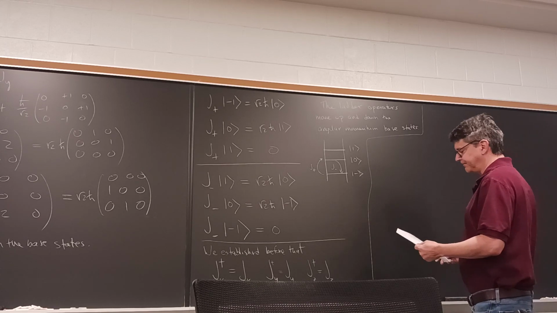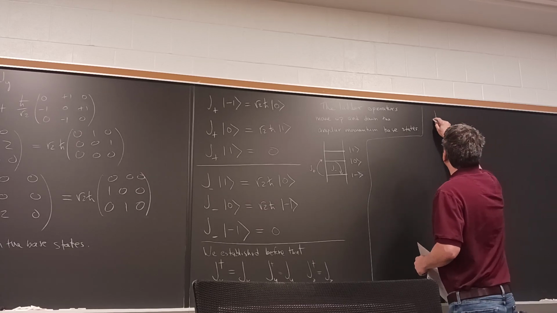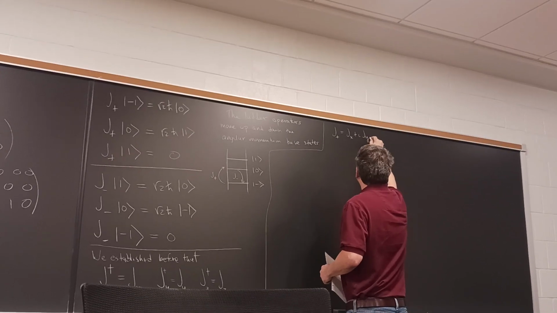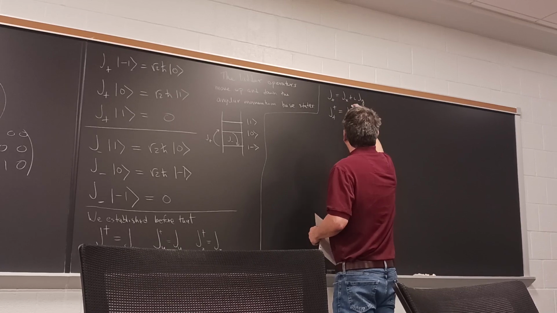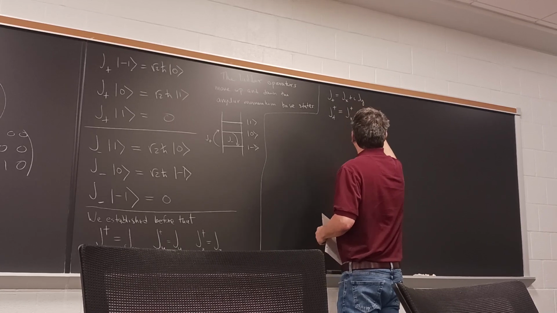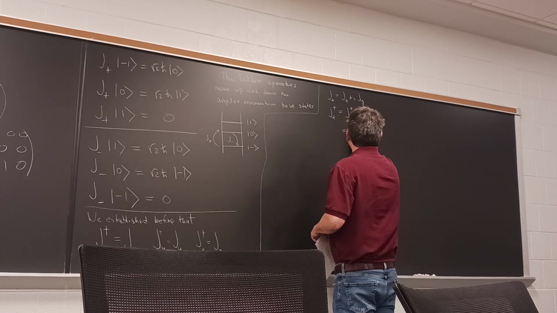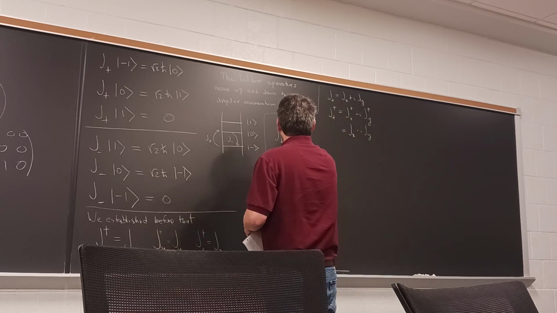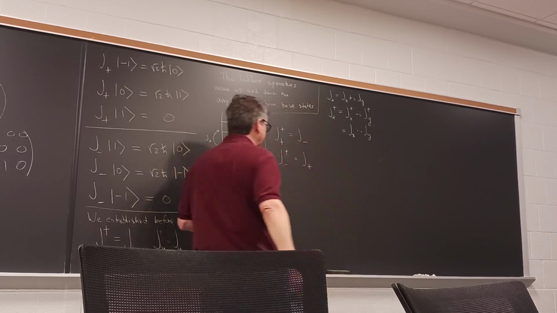So first, let's note that if J plus here is Jx plus i Jy, then J plus dagger equals Jx dagger minus i Jy dagger. But Jx and Jy are Hermitian, so this is just Jx minus i Jy. So we have that J plus dagger is equal to J minus, and J minus dagger is equal to J plus.